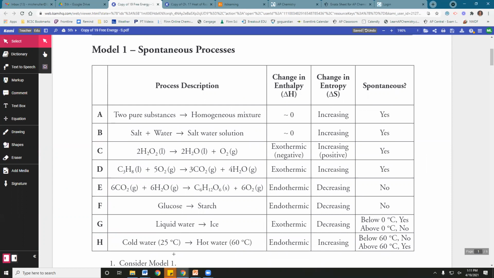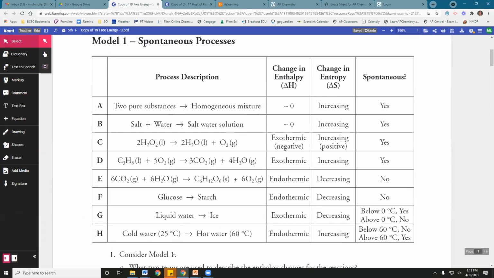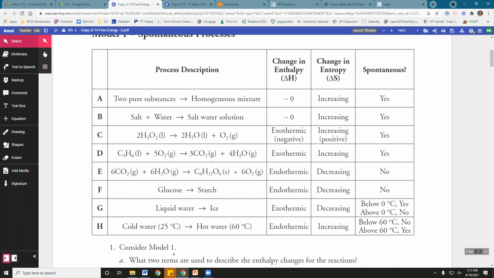Some of them are physical changes, some of them are chemical changes. Just like how with enthalpy we could say positive is endothermic and negative is exothermic, we can also assign increasing entropy or decreasing entropy as well.